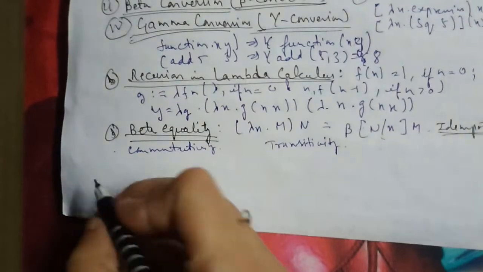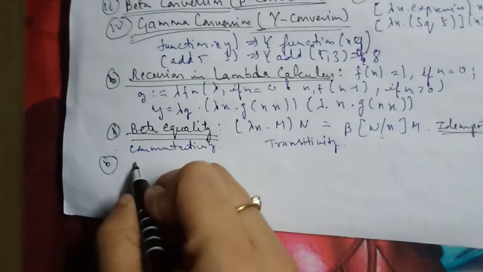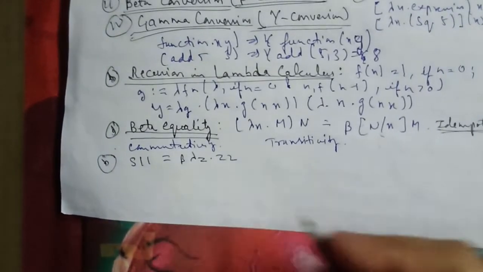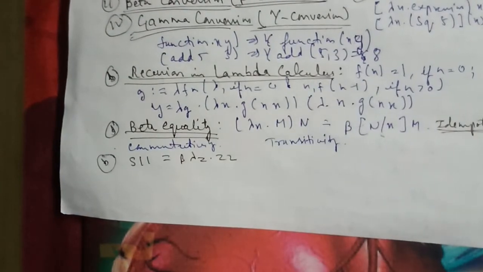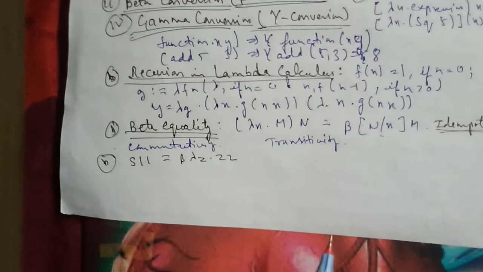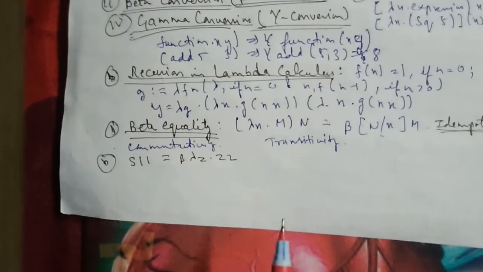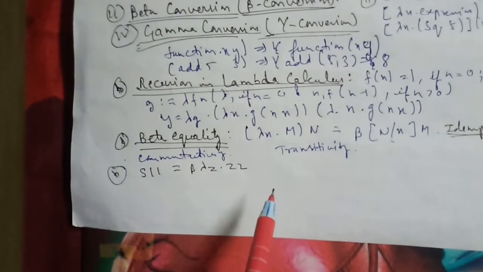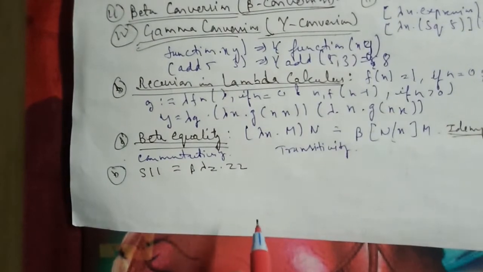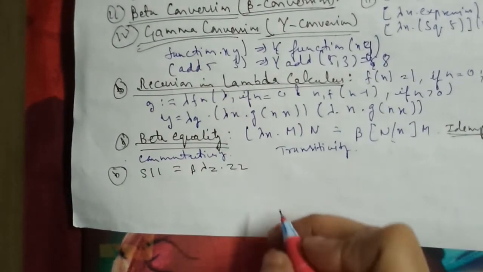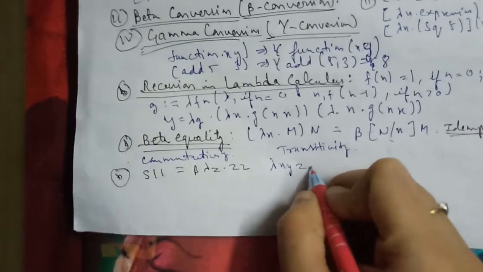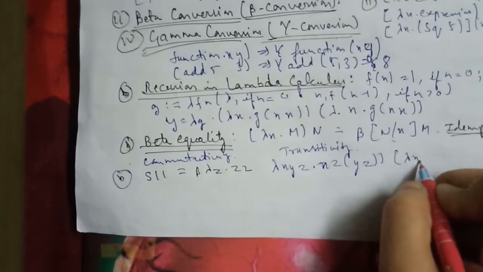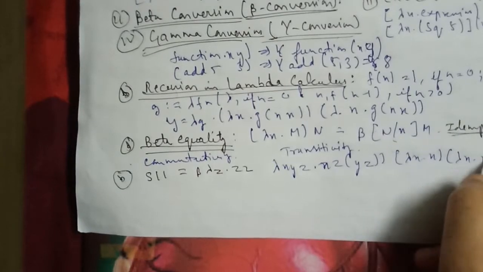So in the same way, we go ahead and prove that this equals beta lambda z dot z z. Here S I I is written as S I and I, where I is lambda x dot x, and S is lambda x y z dot x z (y z).